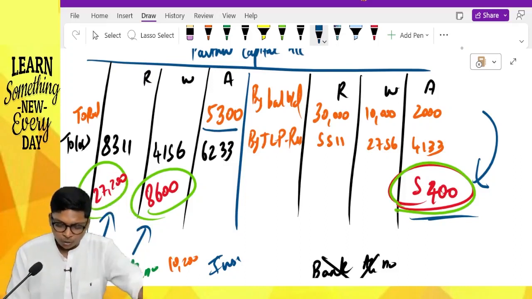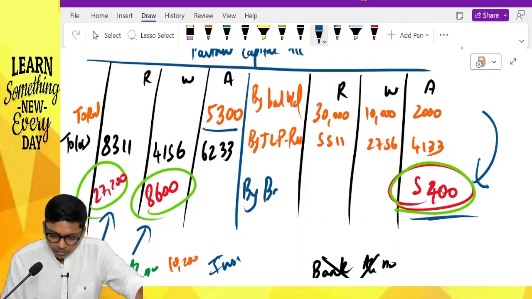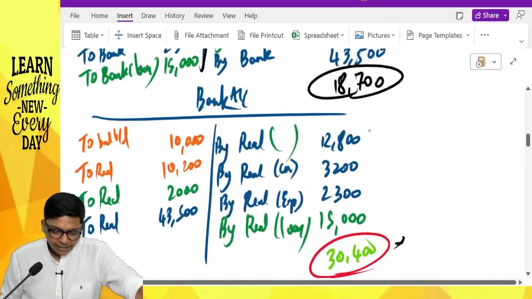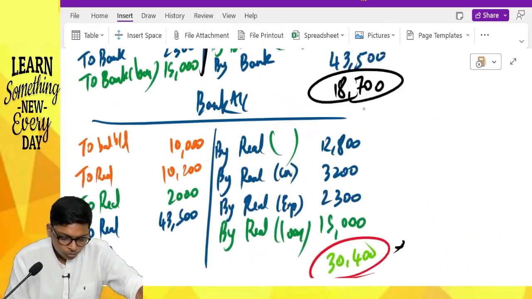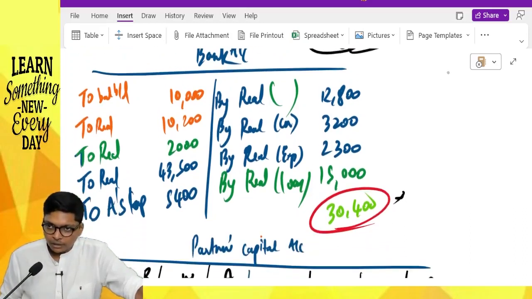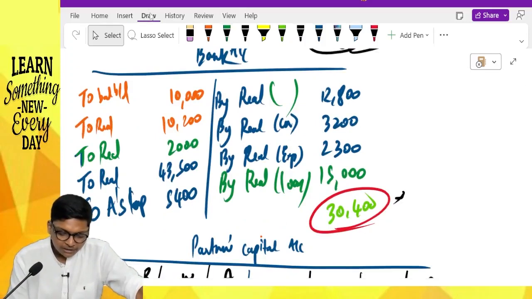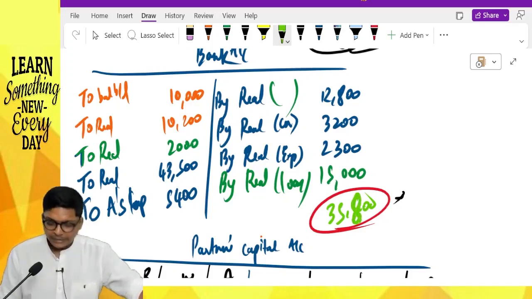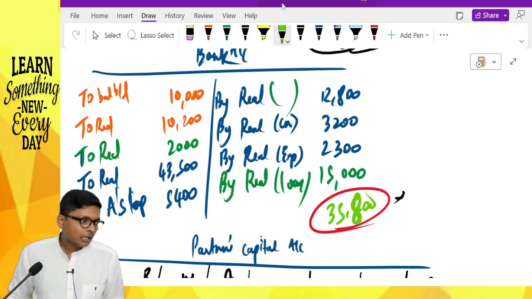So here I will write by bank 5,400. In the bank account I will write to A's Capital 5,400. So now I will have a closing balance of 35,800. Correct? Are you all getting it, guys?